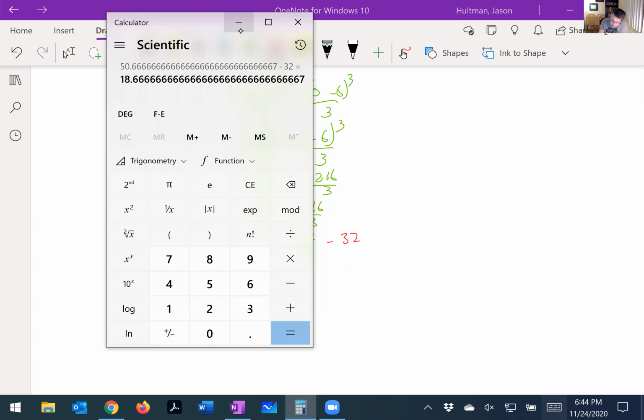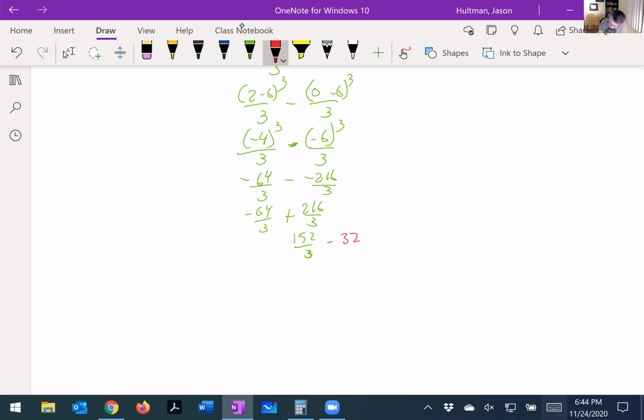I was willing to pay $50.67 for 2. This is how much I was willing to pay for 2 of them.